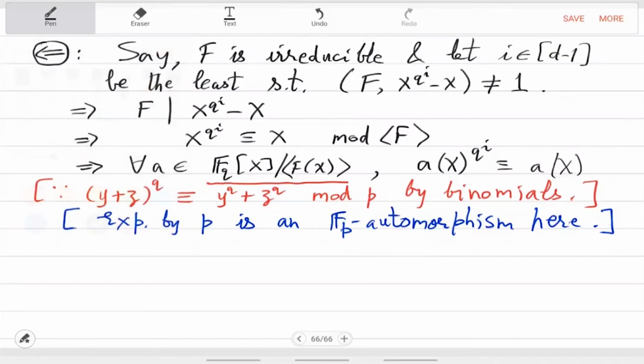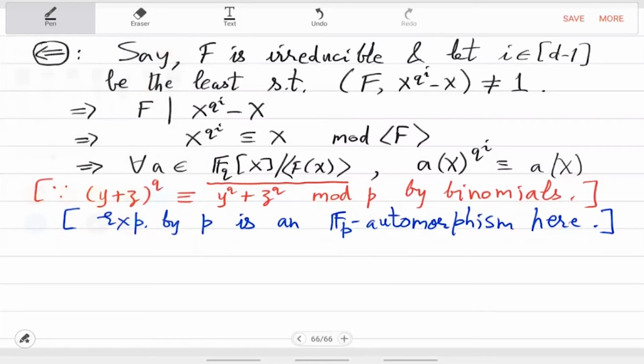So coming back to the last implication, what you have learned is that every field element in F_q[x] mod f satisfies this q to the i Frobenius action. It's a trivial action. Which means what?